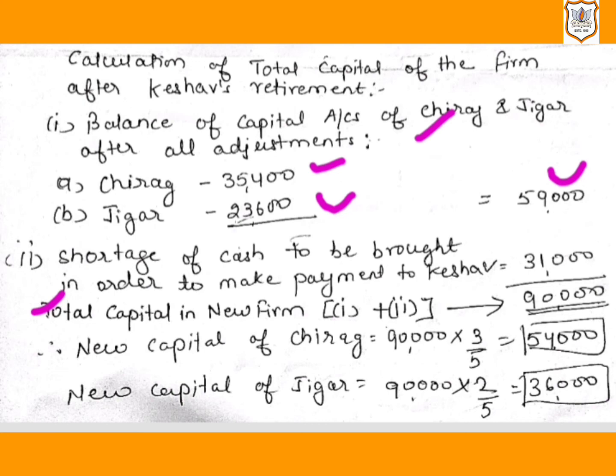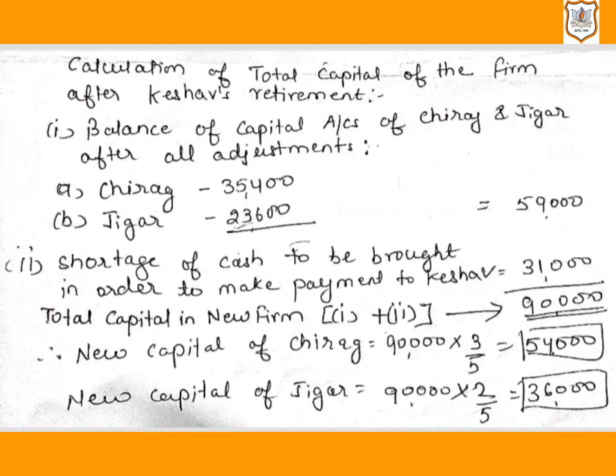Then we will add shortage of cash to be brought in order to make payment to Keshav. That comes to 31,000. You can get 31,000. That is the balance of cash account. If you see in cash account, by now we have recorded amount payable to Keshav, that is 19,000, then working capital, that is 14,000 on credit side, and opening cash balance, that is 2,000 on debit side.